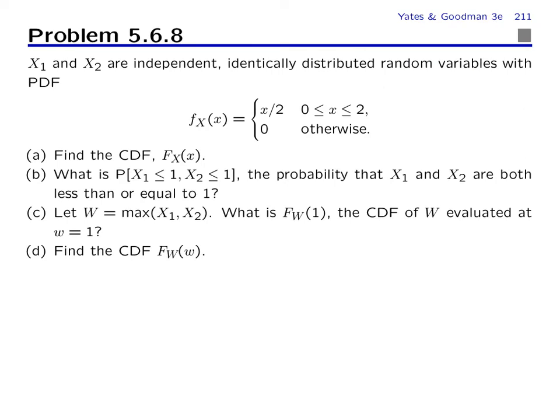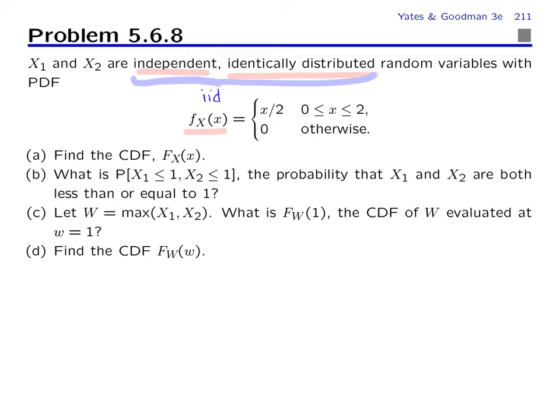So here's a pretty good problem to exercise our new definitions. We have random variables x1 and x2, and they are independent and identically distributed. Each one has a PDF given by fx of x. As a comment, the words independent and identically distributed come up so often that we give them a name, IID.